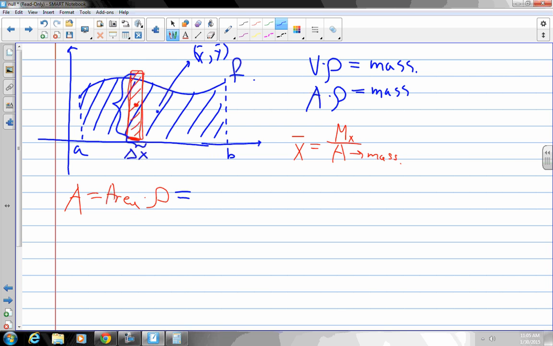So the area will be f of x sub i, whatever the partition is, times delta x, times rho. This is the mass of one of those strips. So we'll just write it like this: rho f of x sub i delta x.